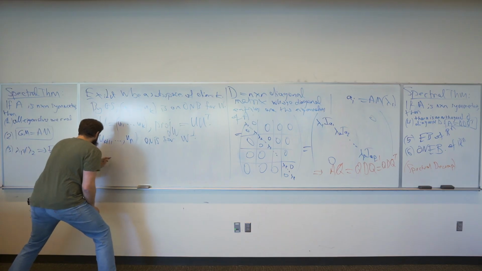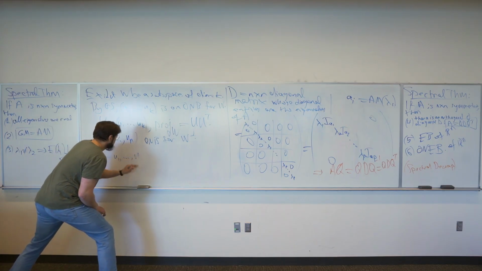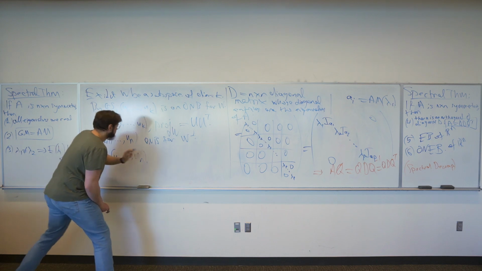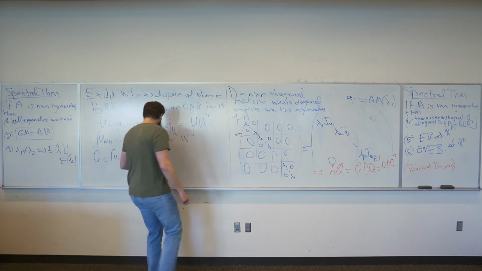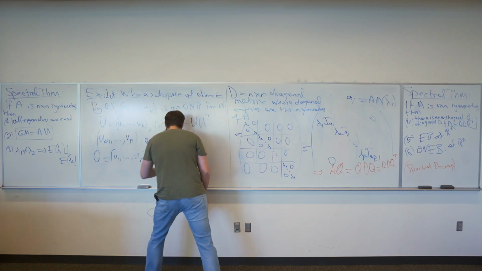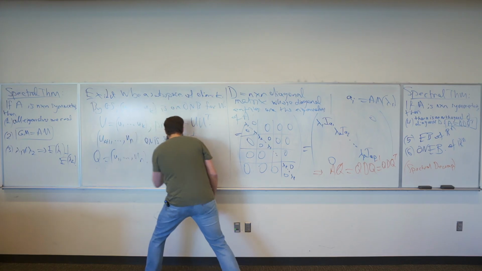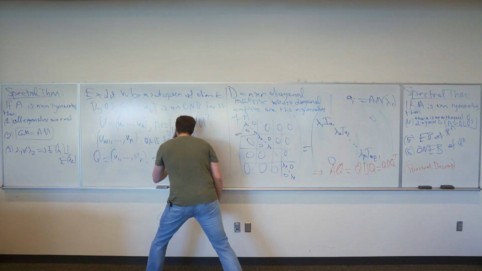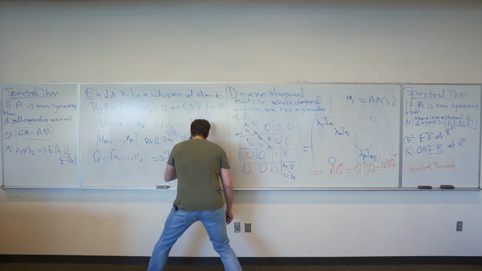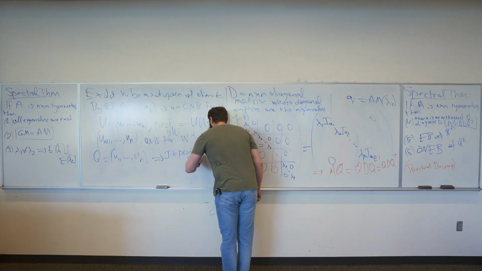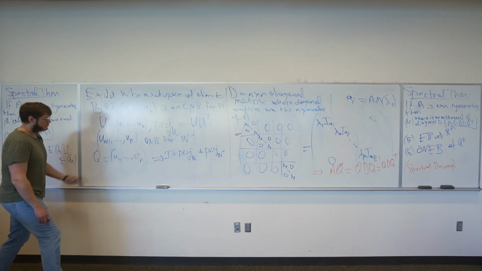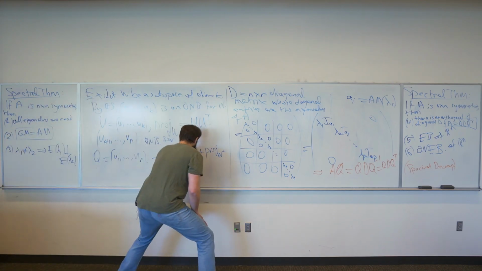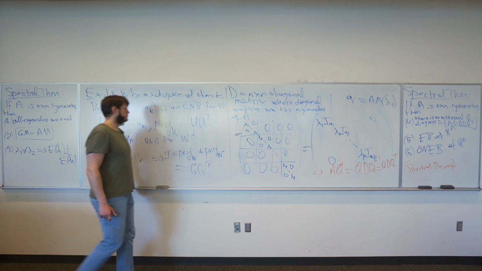Since identity is the same thing as the sum of the projection onto W and the projection onto W perpendicular, this is nothing but QQ transpose.